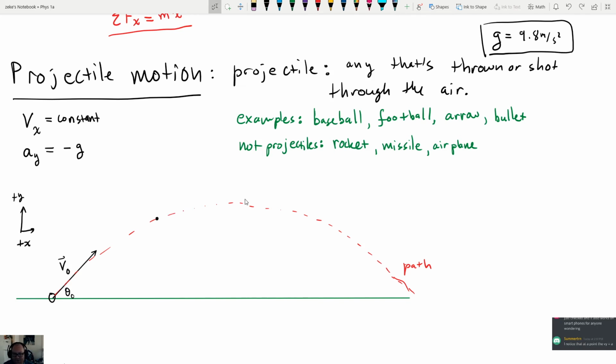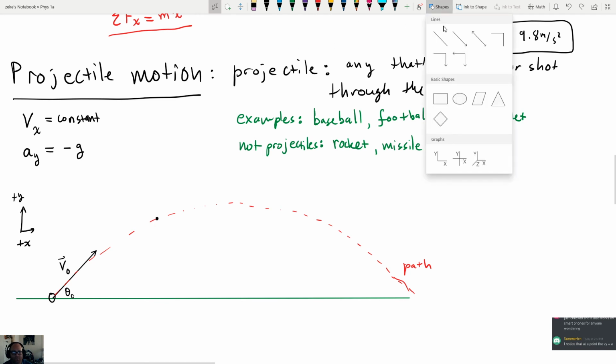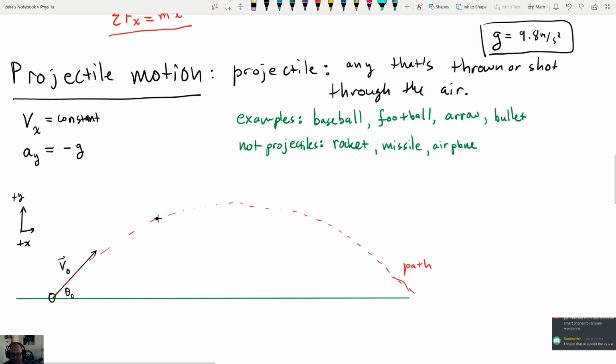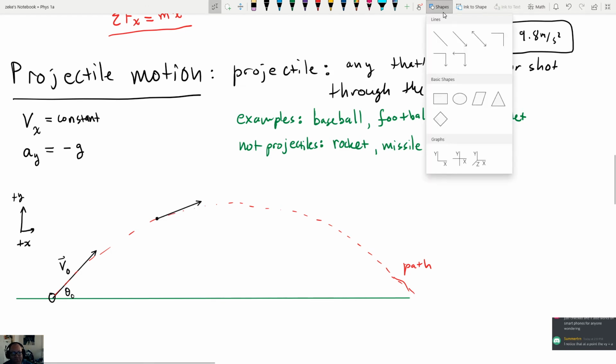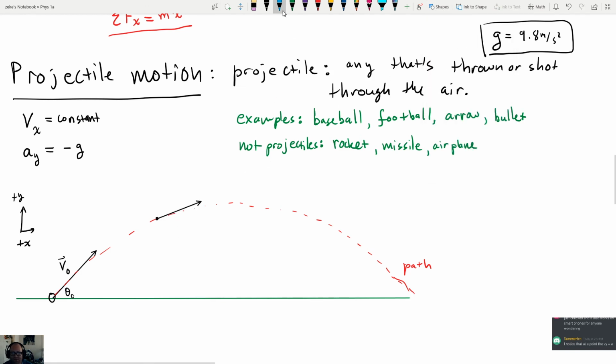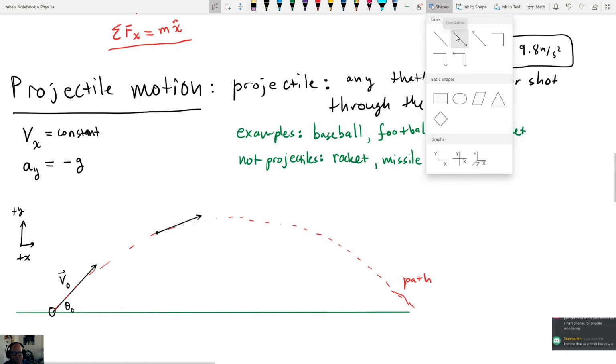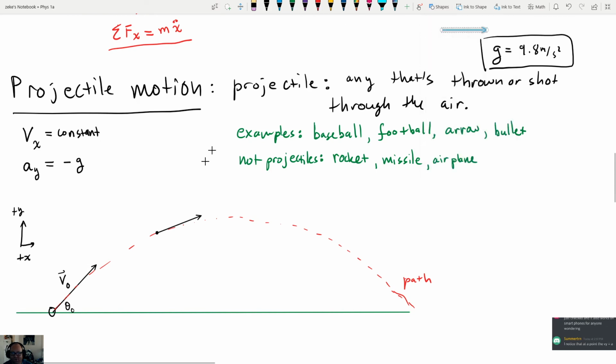So if I pick some point on my path, my velocity is going to look like this. I'll be able to split that up into components. There's going to be a component that points in the y direction and the x direction. So let's do the x direction first, like this.